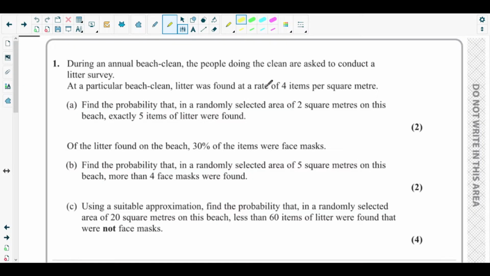At a particular beach clean, litter was found at a rate of 4 items per square meter.